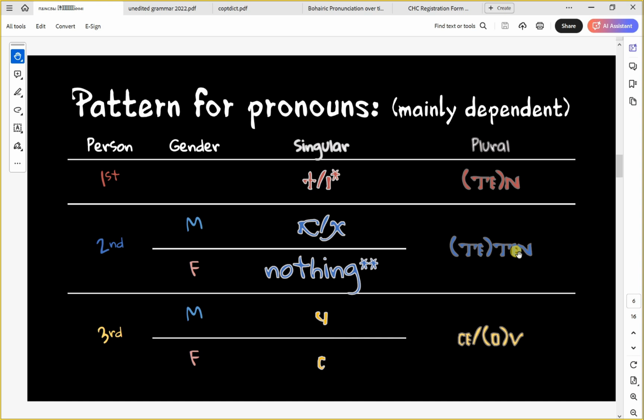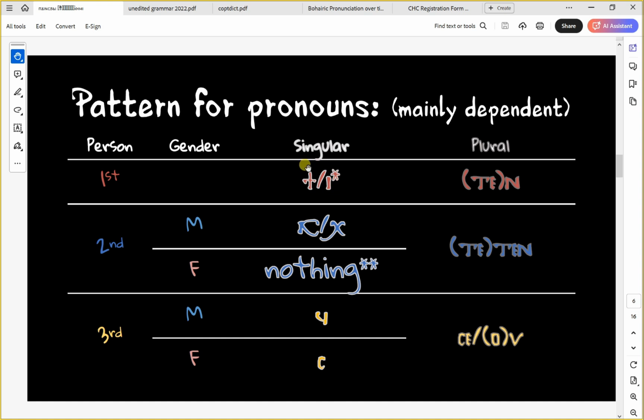So it's nem, and then second person feminine is one of the exceptions where we don't put nothing. So we just put the letter eya, which in Coptic is pretty much nothing if you want to think about it like that. So neme means with you, but if you want to say with you to a guy, you say nemak. If you want to say it for me, you would say nemi.